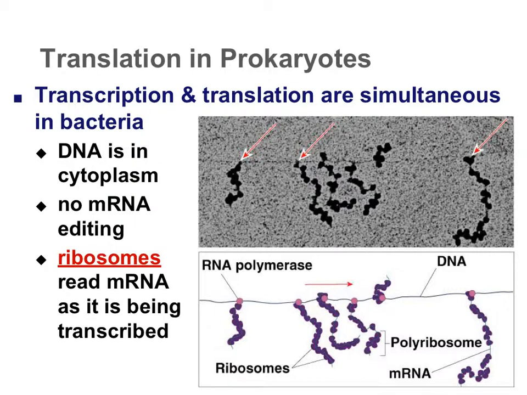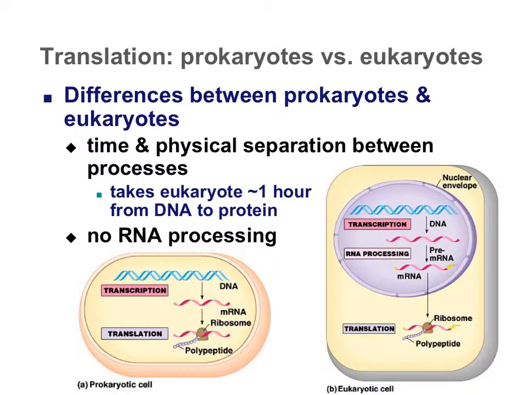And therefore, the ribosomes are going to actually read the mRNA right as it's being transcribed. So transcription and translation are going to happen together. So take a minute and you can pause and identify the differences between prokaryotic and eukaryotic transcription and translation.